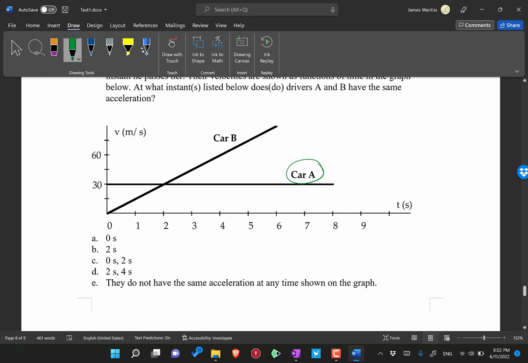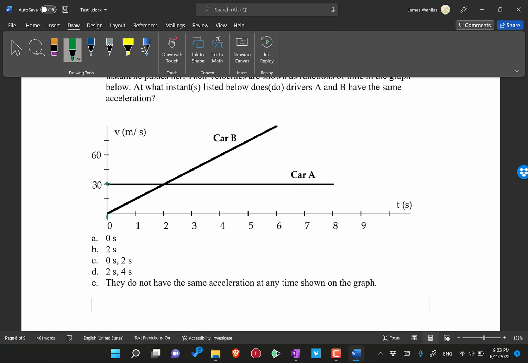Question: at what instance listed below do drivers A and B have the same acceleration? So there's more than one, at least that's the way the question's posed. There may be more than one answer. At time t equals 0, driver A has 0 acceleration.